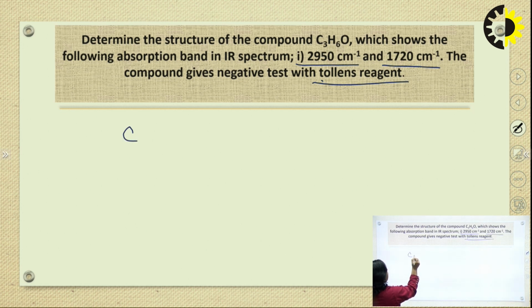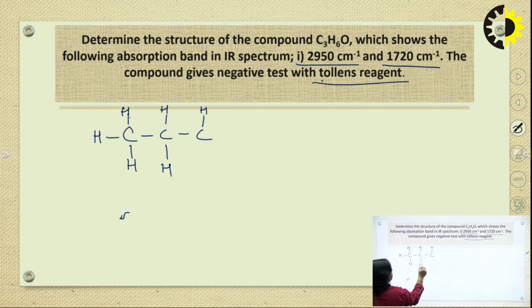First write 3 carbons, then 1 oxygen, and 6 hydrogens. This is structure 1.